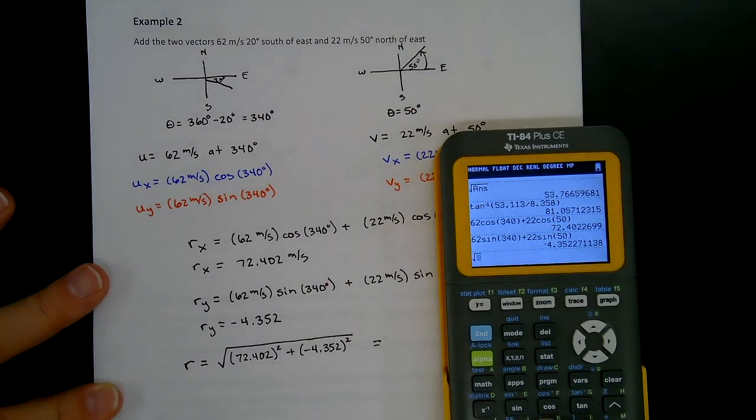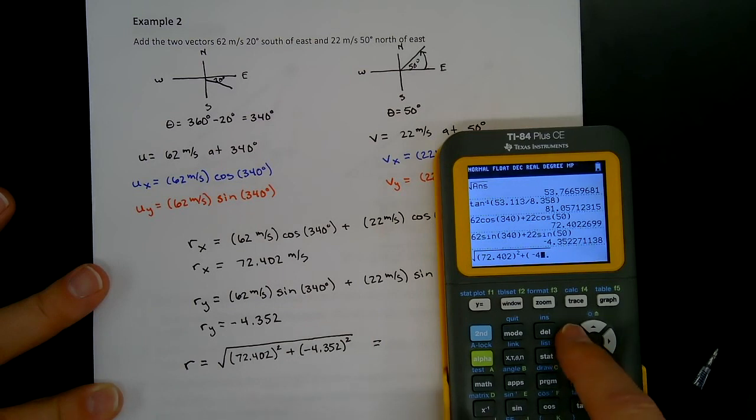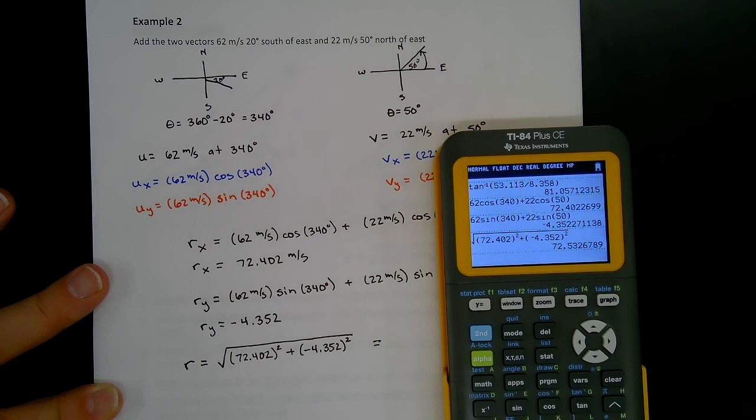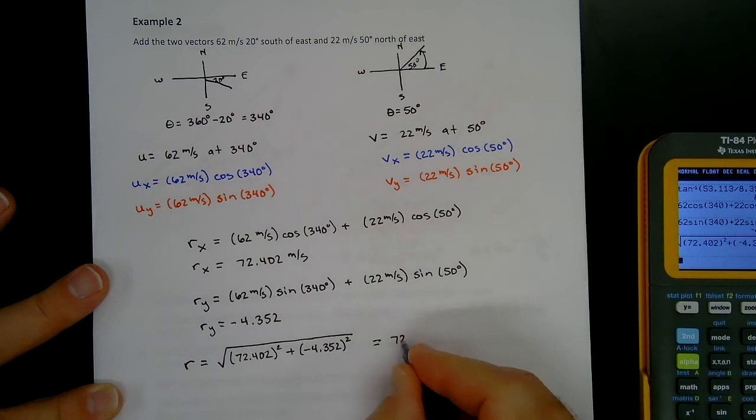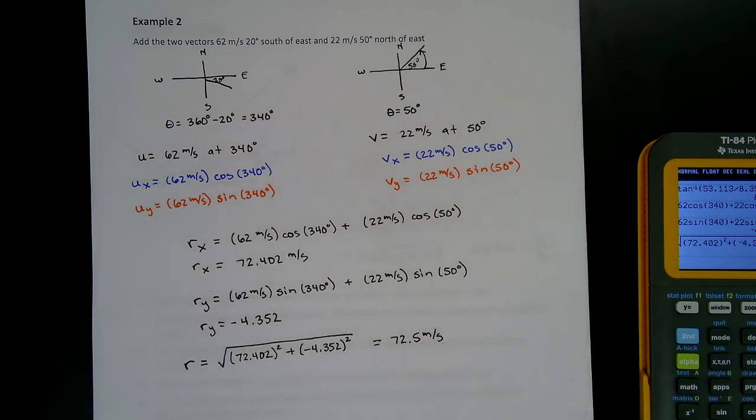Square root of, in parentheses, 72.402 squared plus negative 4.352, close the parentheses and square. And we get 72.5. So 72.5 meters per second. All right, so if we were to draw it to scale, that would be the length of it, right? Okay.